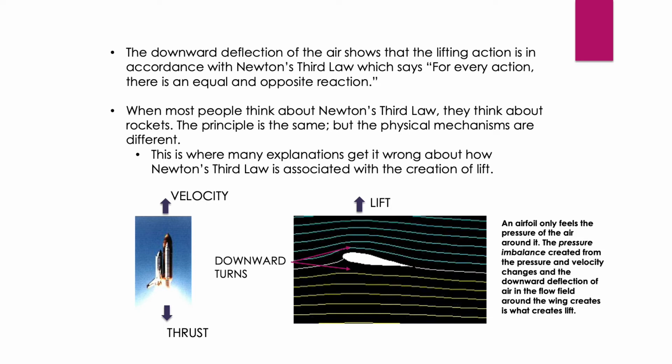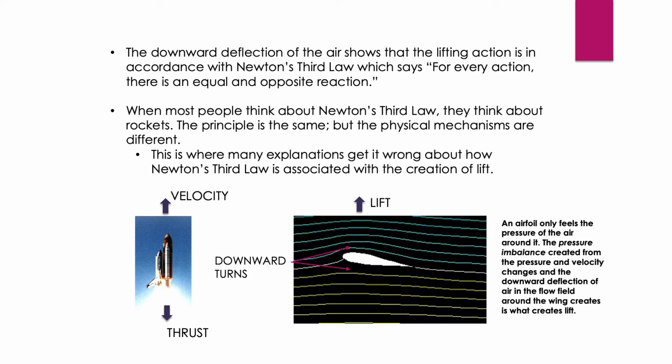And of course the air thrusts out the bottom, or in the case of a rocket engine, the rocket engine combusts hot gas out the bottom, and in reaction to that, it pushes on the vehicle and creates an acceleration of the vehicle going up. So these are two different examples of Newton's third law at work, but the physical mechanisms are very different. So don't confuse the two of them.